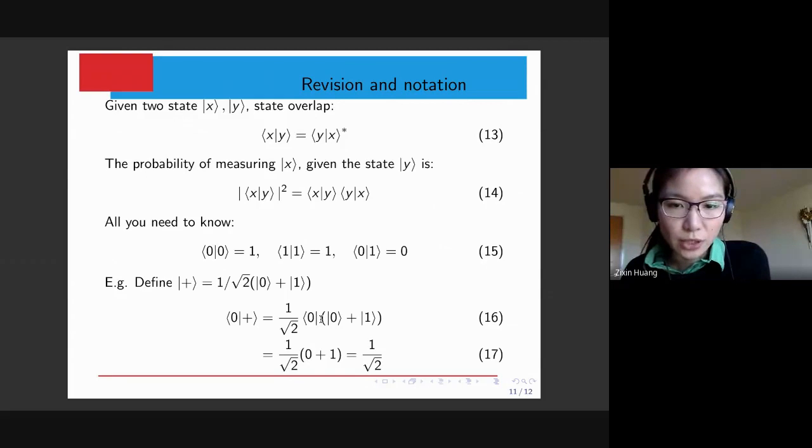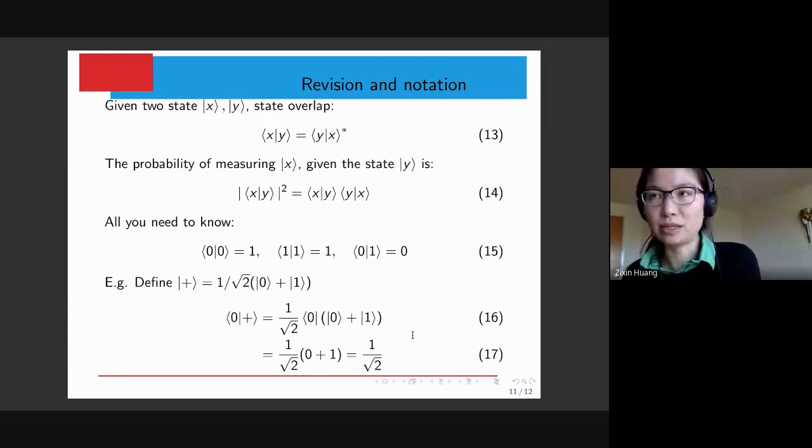And now everything's linear and associative, so just bring out the 0 with a 0 and the 0 with a 1. So 0 overlaps with 0 to give you 1, and 0 overlaps with 1 to give you 0. So at the end of the day, you end up with 1 over square root 2.